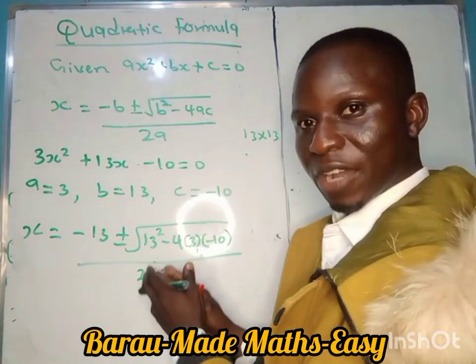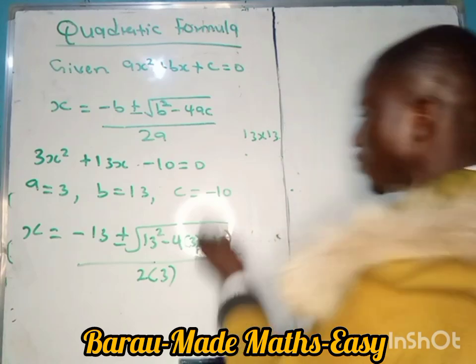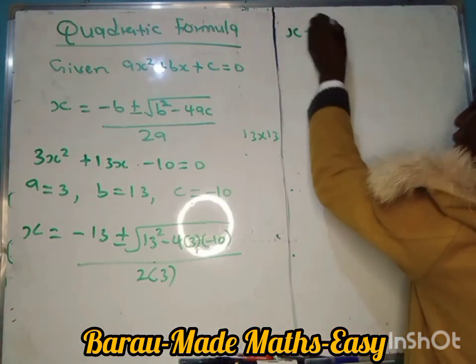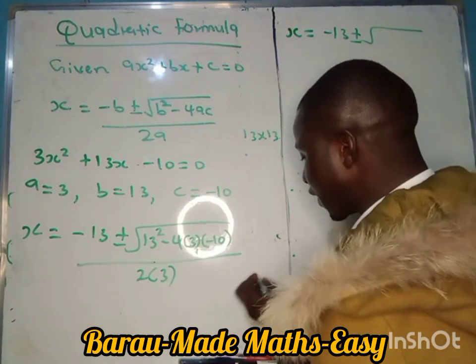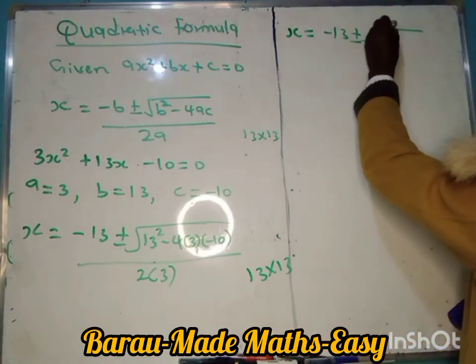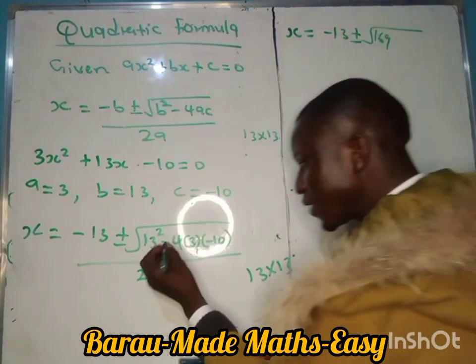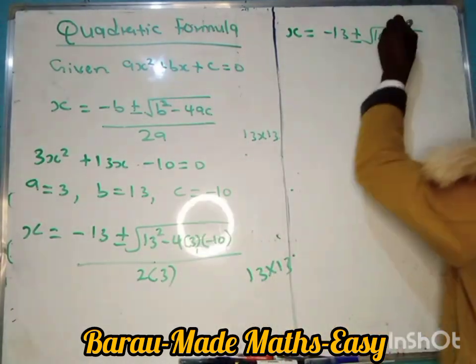After substituting the values, the next thing is to simplify those multiplications and powers, which will give us x equal to negative 13 plus or minus the root of 13 squared, which means 13 multiplying itself, which will give us 169. This negative sign that is here, when it multiplies the second negative sign, will change to positive. So we'll have positive in between.